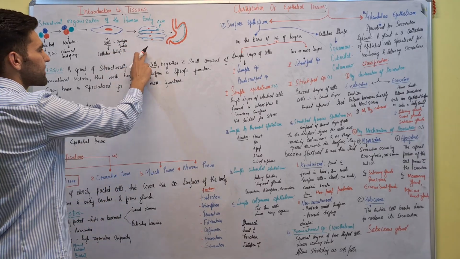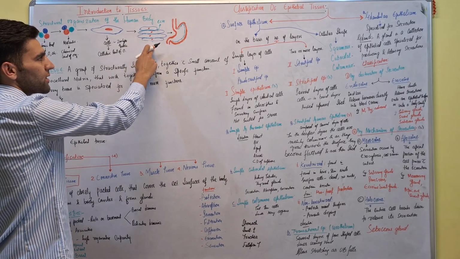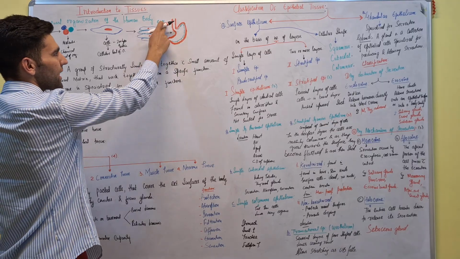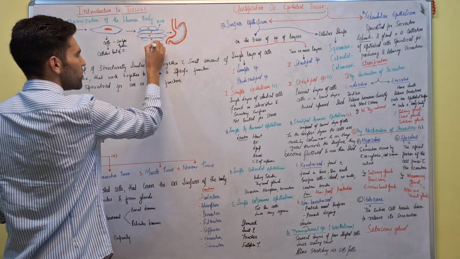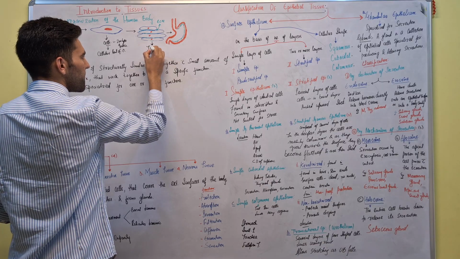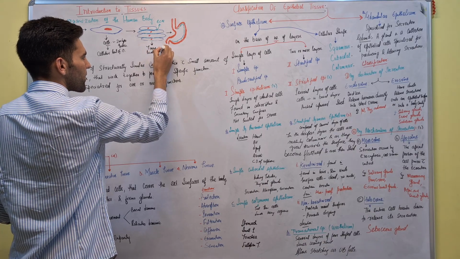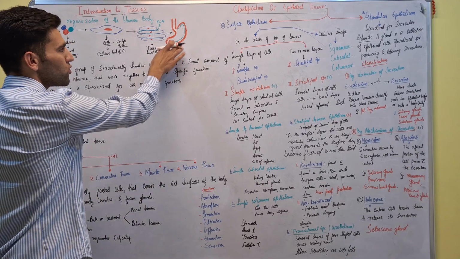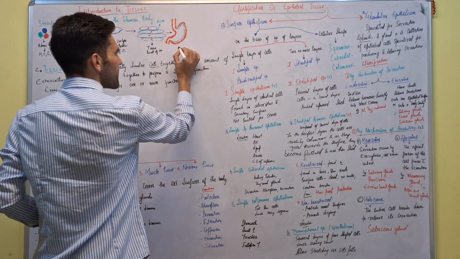When similar cells combine together, they form tissues with extracellular matrix. We call it the tissue level of organization. When different tissues combine, they form an organ, and we call it the organ level of organization.